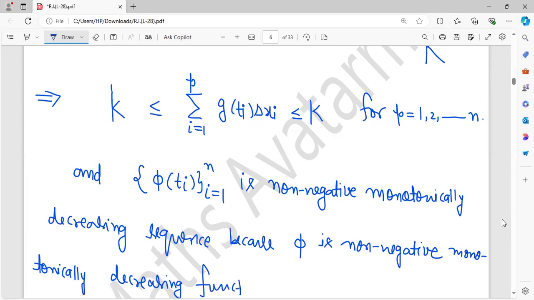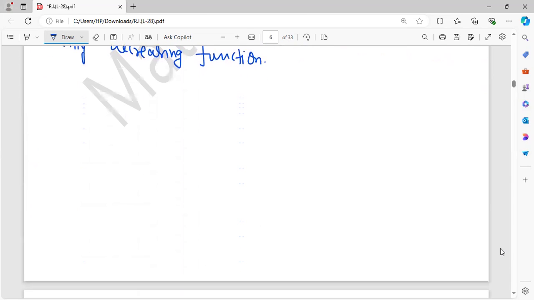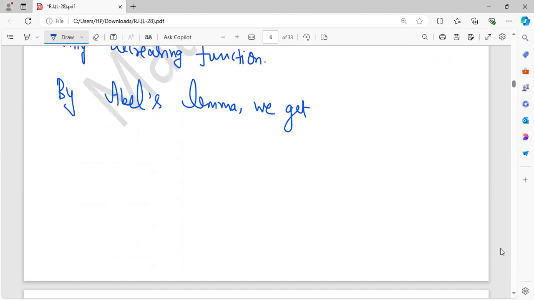That is why this becomes a non-negative monotonically decreasing sequence. Now by Abel's lemma, we get this summation, phi(t1) times small k.